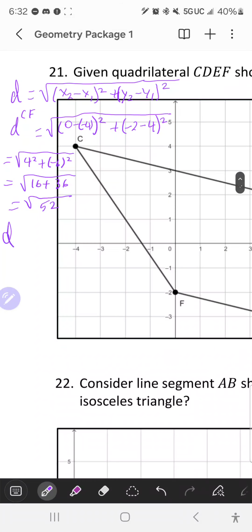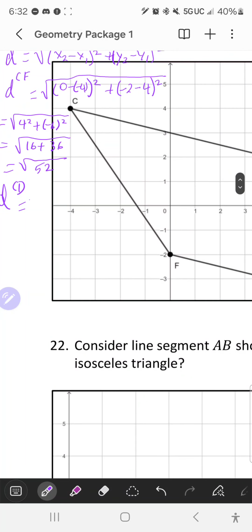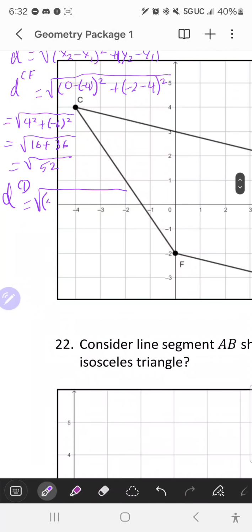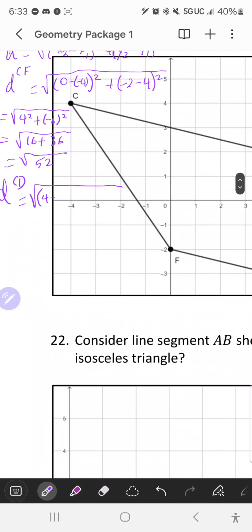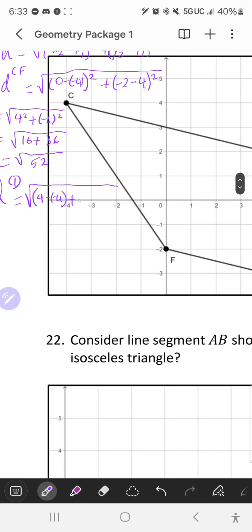The distance CD is equal to the square root of x2, which is 4, minus x1, which is -4, plus y2, which is 2, minus 4, is 2, all squared.